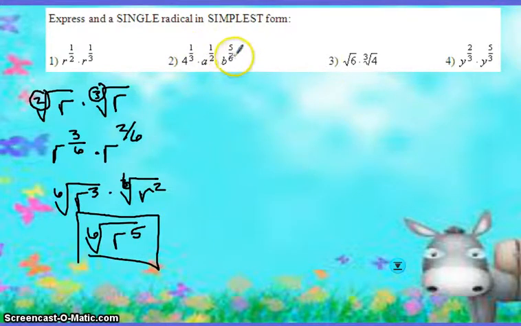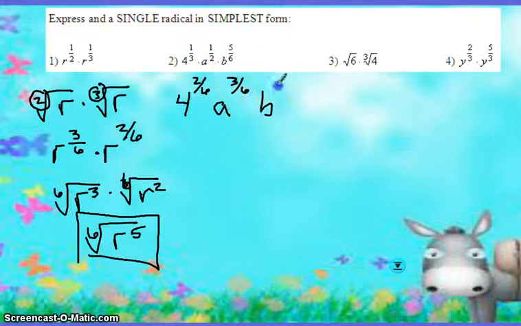Now, take a look up here. We have a 3, a 2, and a 6. So again, the smallest common denominator, the least common denominator, is going to be 6. So this would be 4 to the 2/6, a to the 3/6, and b is going to stay to the 5/6.